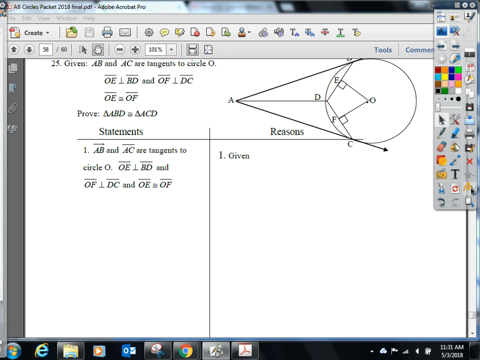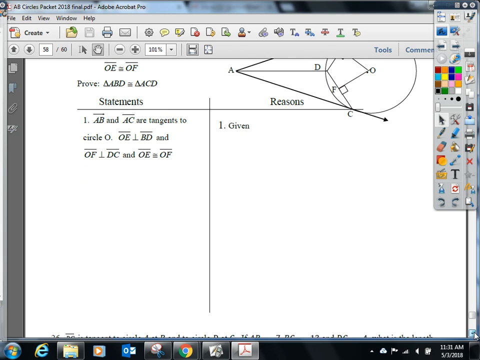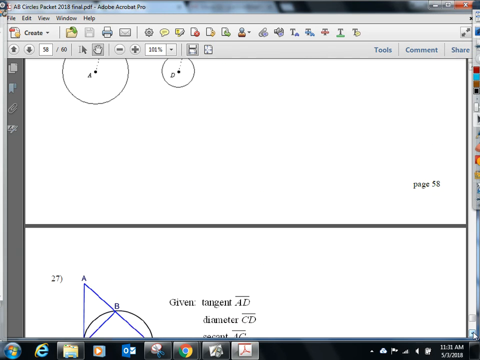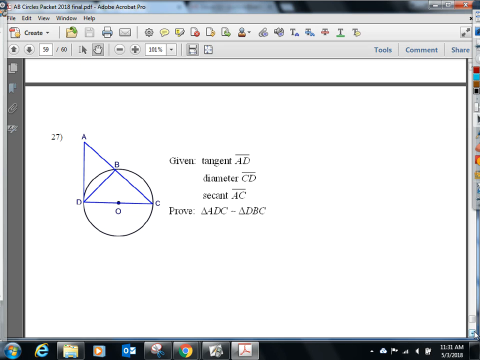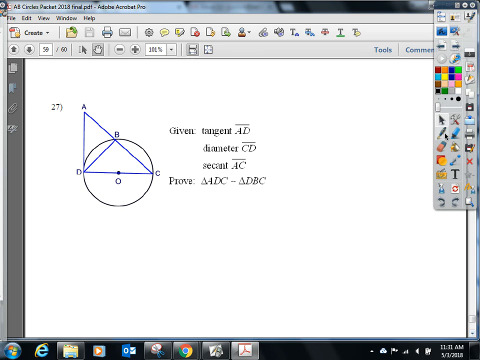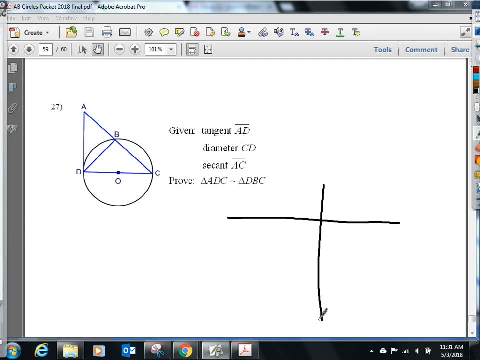Okay, next, go to the next proof we did with the similar triangles. Because the proof tomorrow could be proving triangles congruent, or it could be proving triangles similar with a couple extra parts to it, and I want you to be ready. Whatever step we proved them similar. Okay, what if I wanted the following?